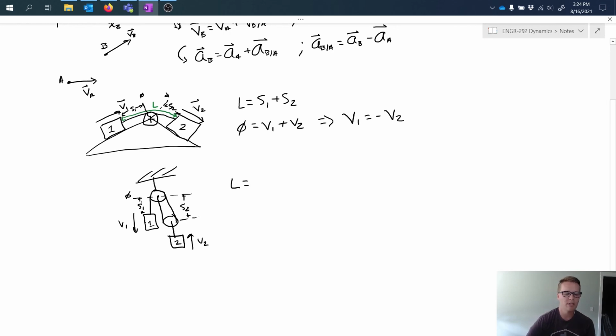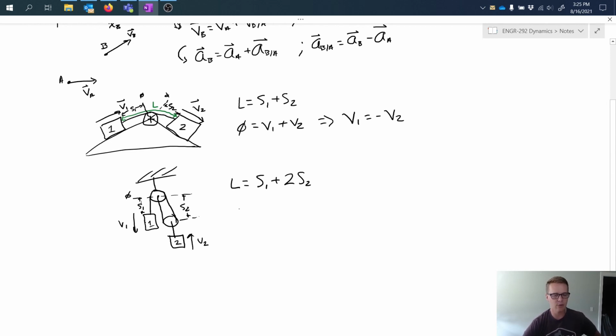And one thing that we can see is that these two sections of rope in here, while they do change length, both could be defined by S2. So therefore, I have S1 plus 2 S2 equals L. And this again neglects the amount of rope that's wrapped around the pulleys, but since that doesn't change, it doesn't really influence our answer.